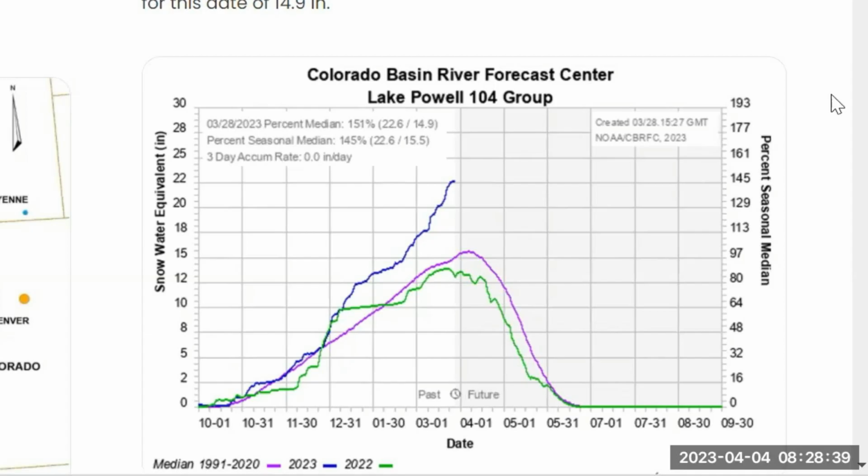Now, this is just one year. A lot of people will ask me, oh, the drought's over, right? Because we've had a good year. Well, no, it's going to take several years like this to beef up storage in a reservoir. This gets you out of the woods for the short term, but what we really need is several years of this to increase storage in the reservoirs.